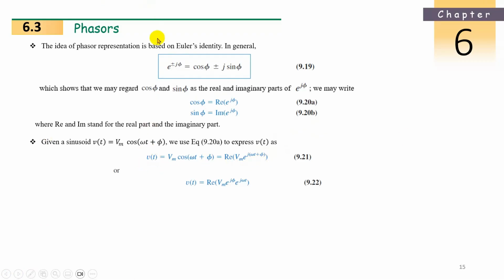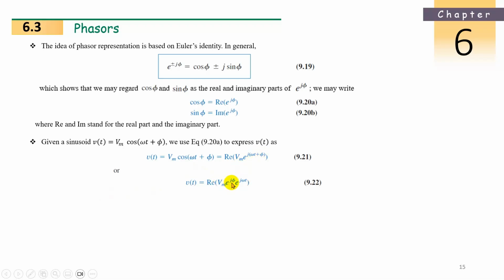Now I can separate it. E power of j(omega t plus phi) I can write as e power of j phi multiplied by e power of j omega t. Exponential summation can be written as exponential multiplication. E power of j omega t plus j phi I can separate by multiplication.